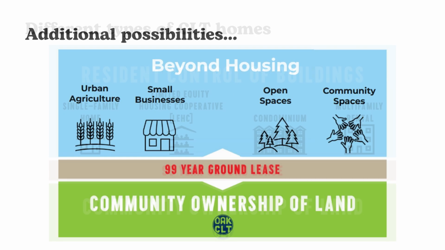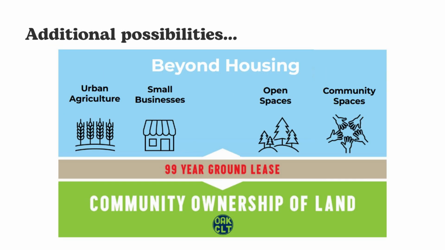But the possibilities do extend beyond housing. You may have heard before of the conservationist open space land trusts. Similar concept and referenced here. There can be urban agriculture, small businesses, community spaces. At last year's California CLT Network, we were able to visit an urban agricultural CLT in Fresno.